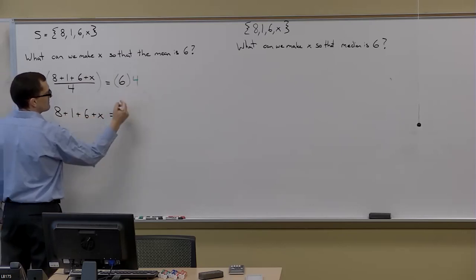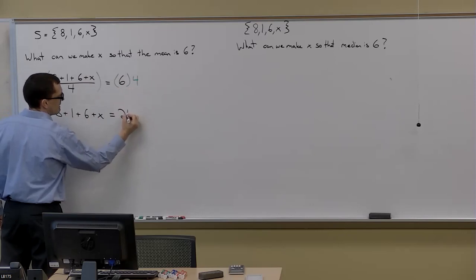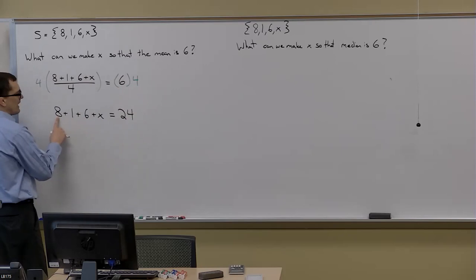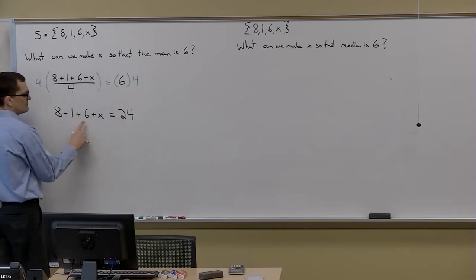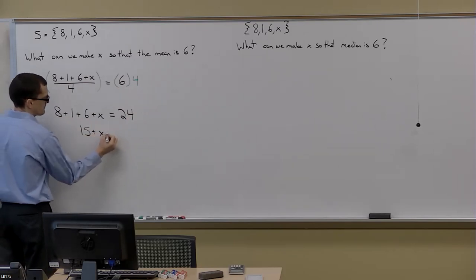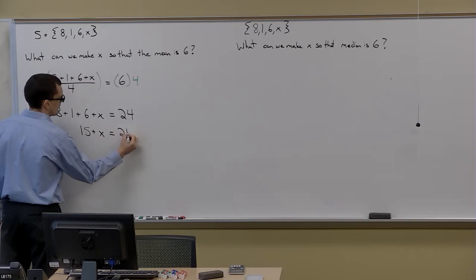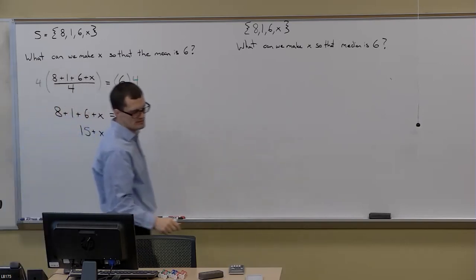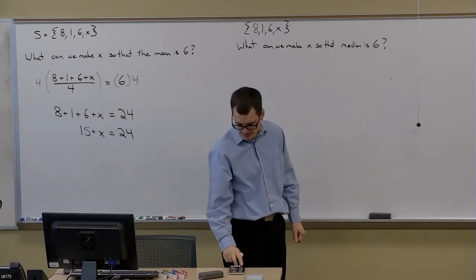And on the right-hand side, I end up with a 24. 6 times 4 is 24. When I do 8 plus 1 plus 6, that gives me 15. So I get 15 plus x is equal to 24.